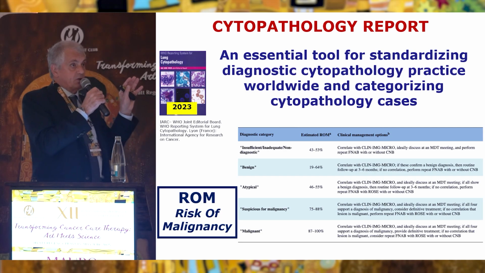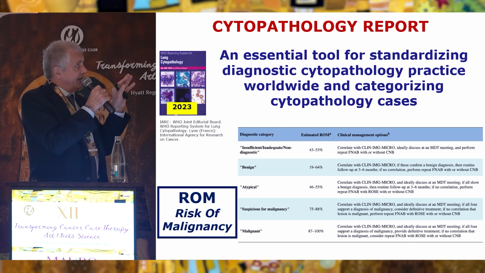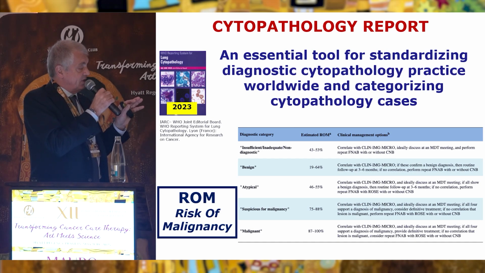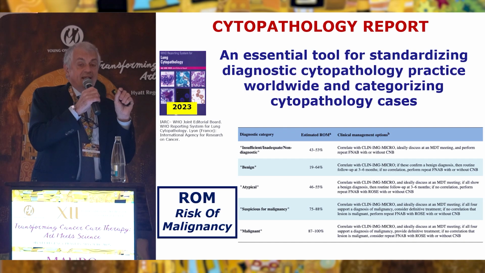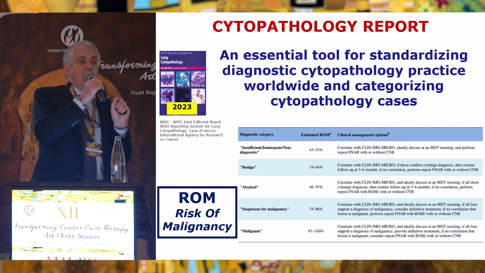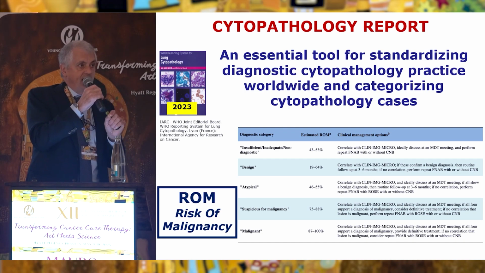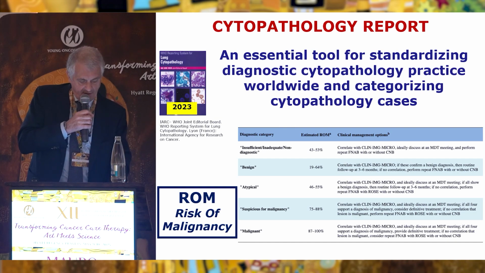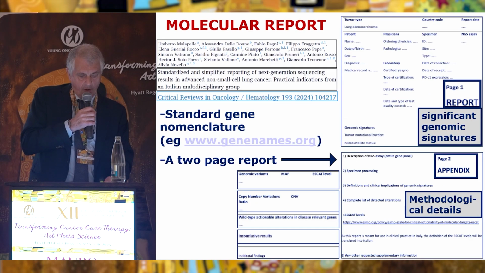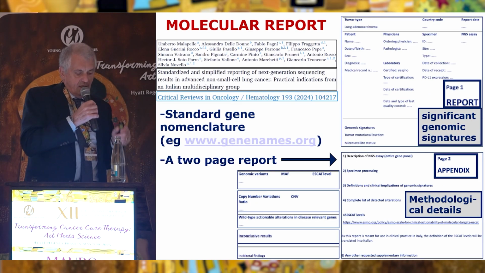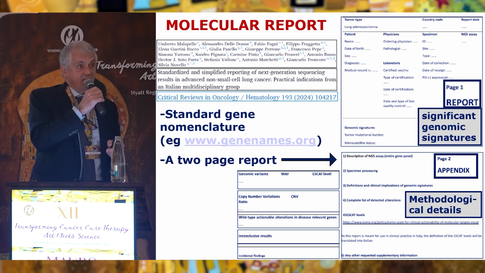This has already also been proposed by the WHO for lung tumors, and each category is associated to a different ROM, risk of malignancy, as occurs in the breast and in the thyroid. Therefore, we can somehow predict the level of certainty in our cytological diagnosis.